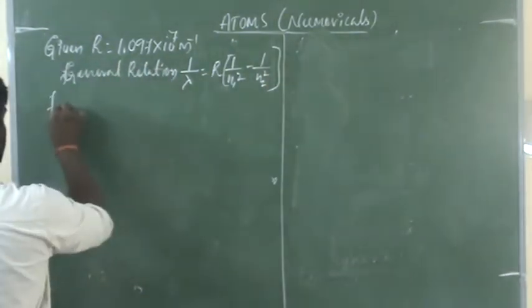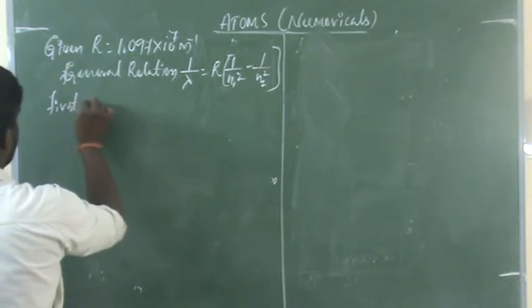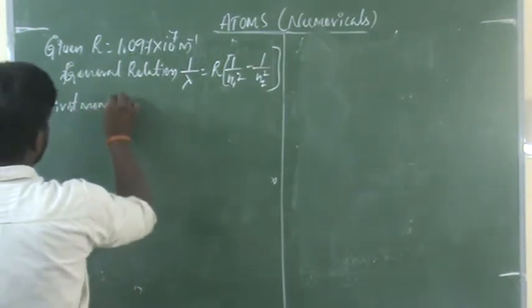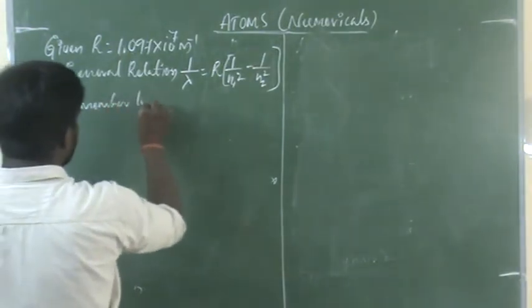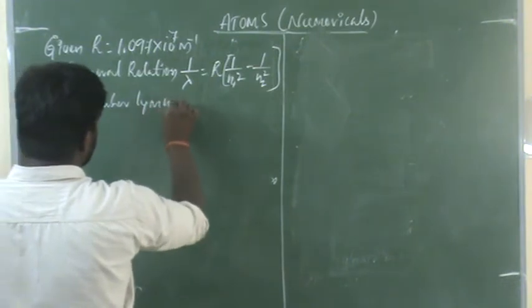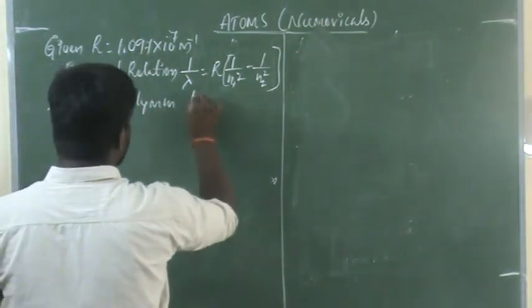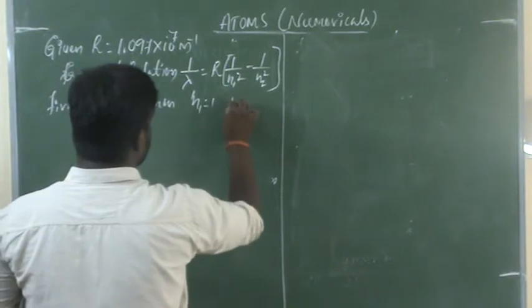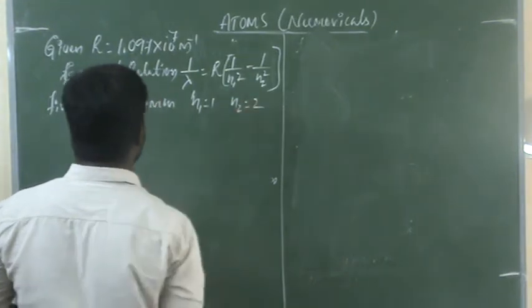So for the first member of Lyman series, n1 equals 1, n2 is equals to 2.